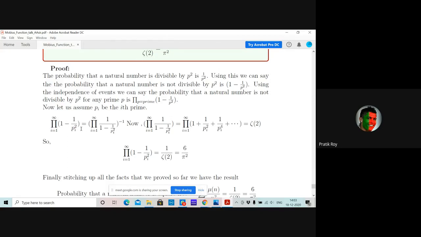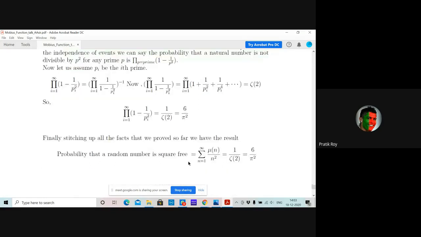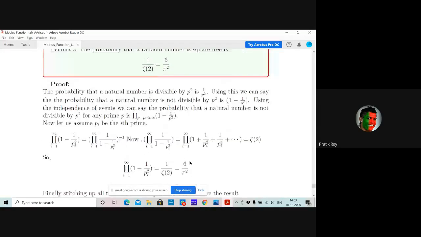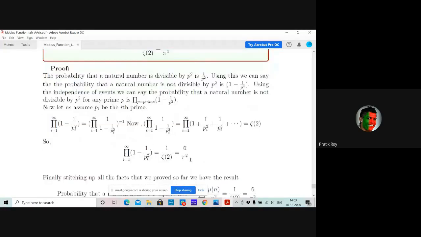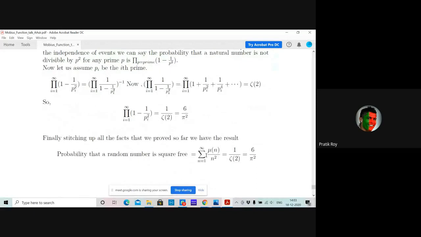The reciprocal of the product of 1 minus 1 by p square is zeta 2. So the product of 1 minus 1 by p square is 1 by zeta 2, that is 6 by pi square. Now all the claims and lemmas that we have proved so far give our result: the summation n equal to 1 to infinity of mu n by n square is 1 by zeta 2, and that is in turn 6 by pi square.